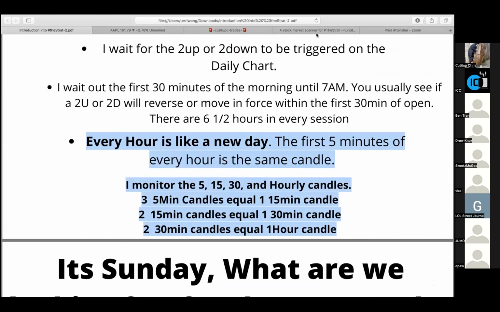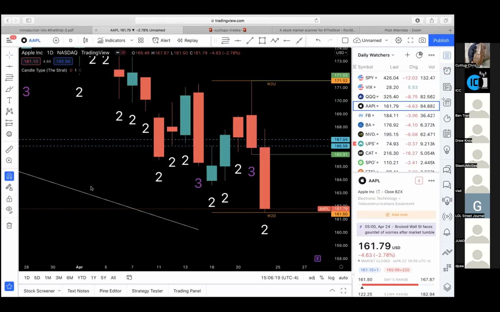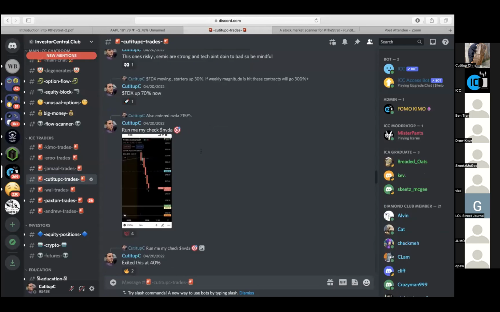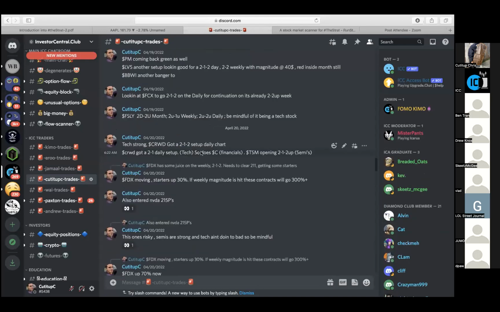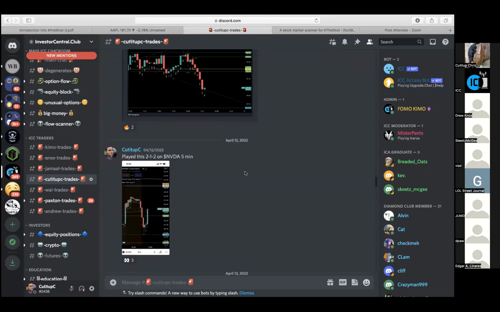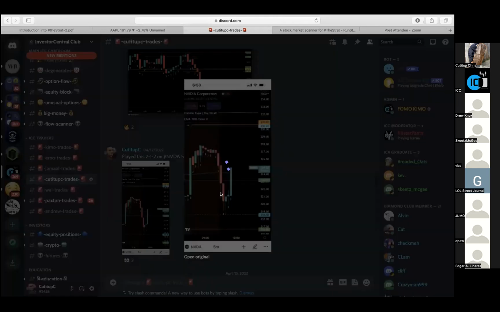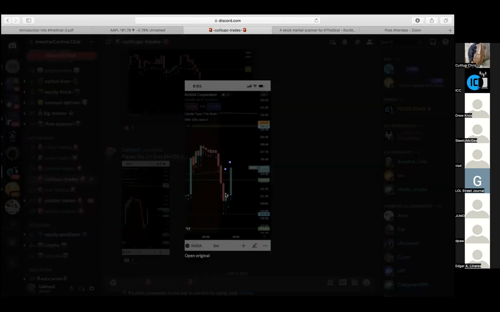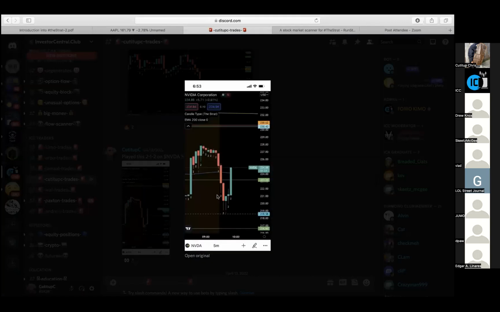If we see a reversal, like, yeah, hold on. There was a reversal. I know there's a reversal somewhere right here. So this is a 5-minute reversal on the video, 2-1-2 setup, and then we had all these pivots to hit, and boom, we hit them.